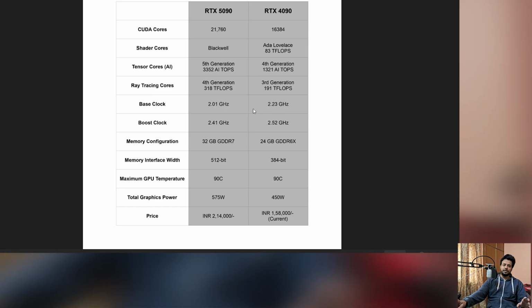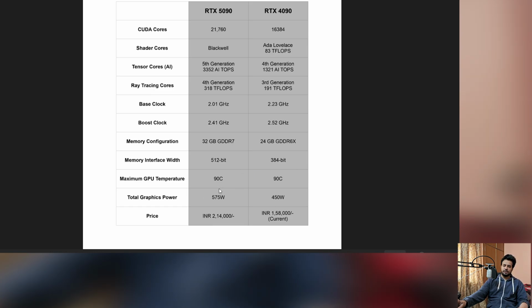So let's move on to the base clock. The base clock for the 5090 has actually regressed a little, from 2.23 to 2.01, and from 2.52 boost to 2.41. Memory configuration has also changed: 24 gigs of GDDR6X on the 4090, 32 gigs of GDDR7 on the 5090. Interface width has also changed, 384-bit to 512.